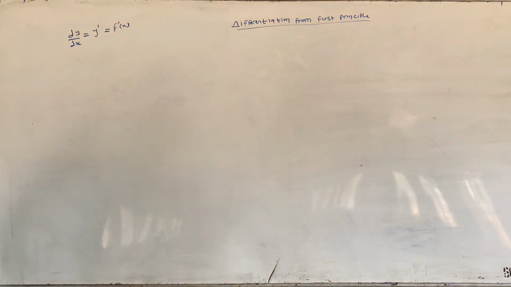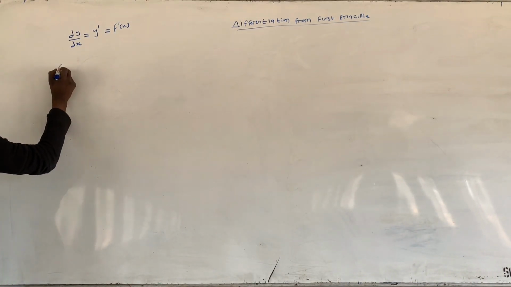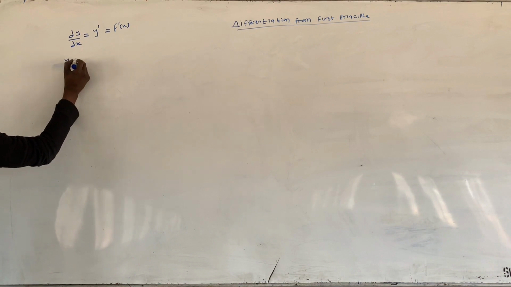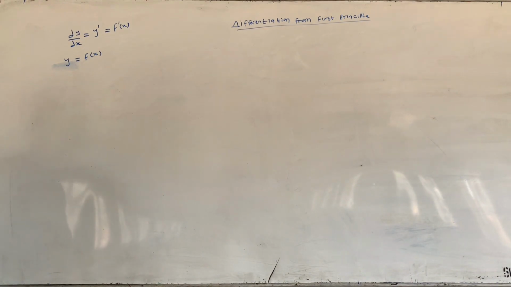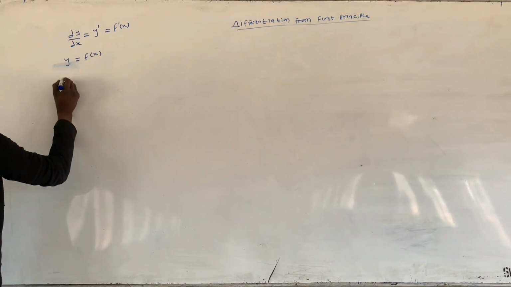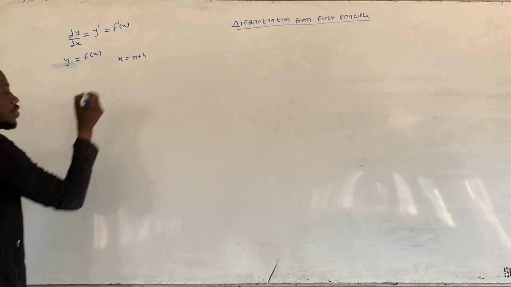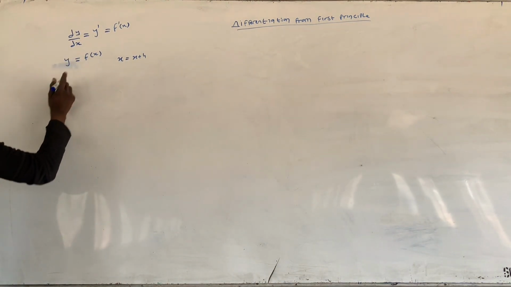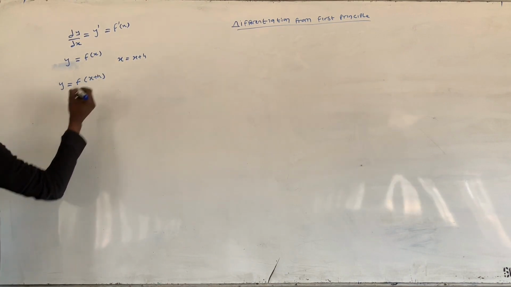Now, the first principle states, when y is given as, for example, y equals f of x, and x equals x plus h, then y is equal to f of x plus h.